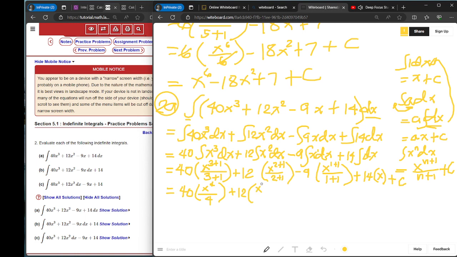times x cubed over 3 minus, again, I'm using a whiteboard, Shareable, since it's free to use, but it's freemium, I think, because they just want me to sign up so that I can use all the other features. Right now, I can only use the color yellow.